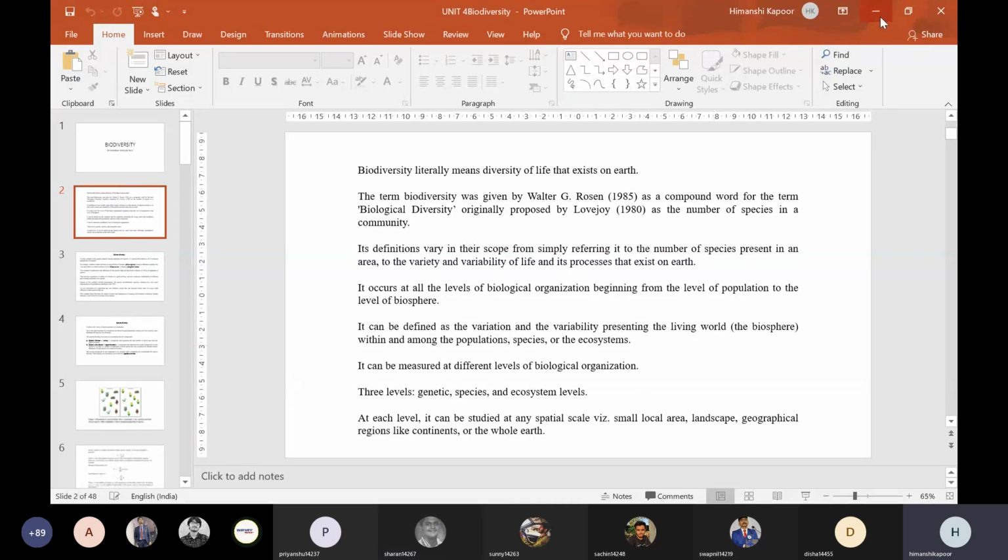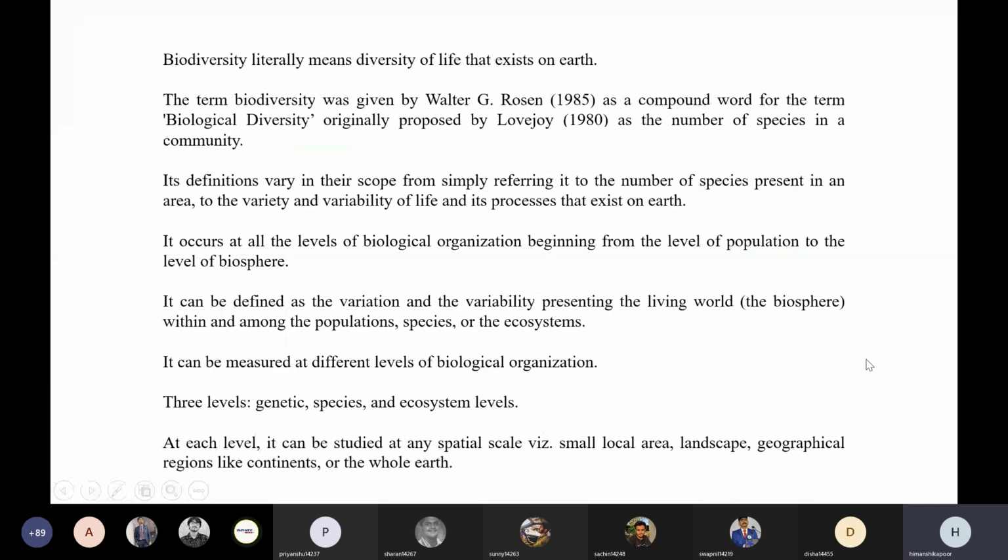Since biodiversity is important and we need to track whether it is getting hampered or not, whether some species are getting extinct or not, we need to monitor it. And to monitor it, we need to measure it at different levels. So we have to quantify the biodiversity. The measurement should not only be quantitative, but it can also be qualitative.